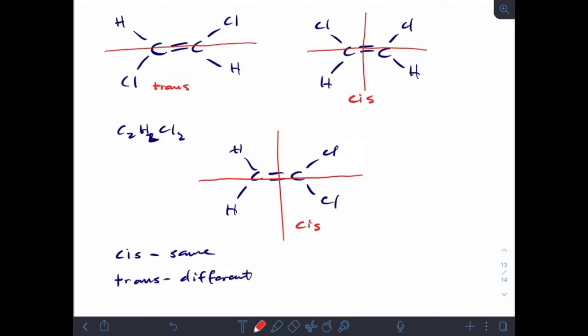Top and bottom are mirror images of each other. Okay, so cis versus trans is mostly concerned with orientation. Okay, so with our top left version, trans, top I have hydrogen on left, chlorine on right. Bottom I have chlorine on left, hydrogen on the right. Okay, so that's where they are different.